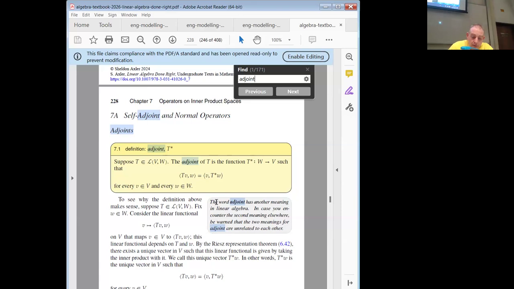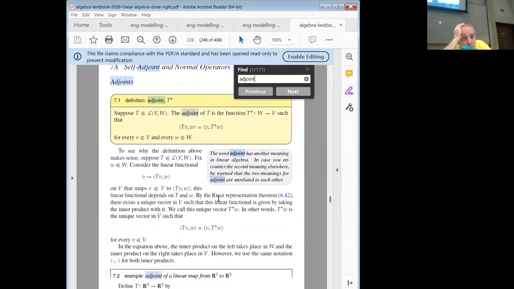T is in the thing from V to W. The adjoint T star, which is different from T dash, sends W back to V. So T sends V to W, and the adjoint has the property that inner product of Tv and w is the inner product of v and T star w, for all v in V and w in W. To see why that makes sense, fix w in W and consider the linear functional which goes from V to the inner product of Tv and w.